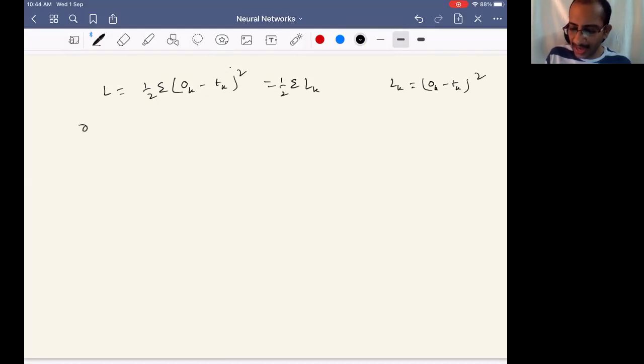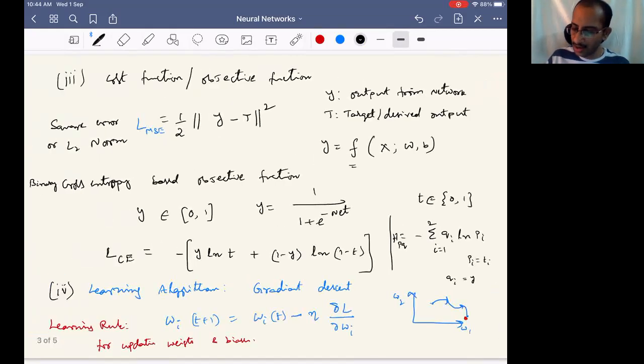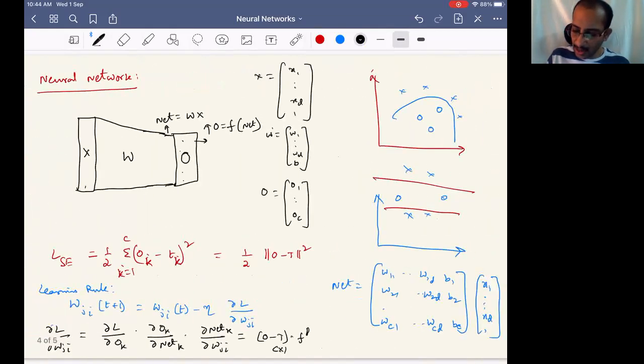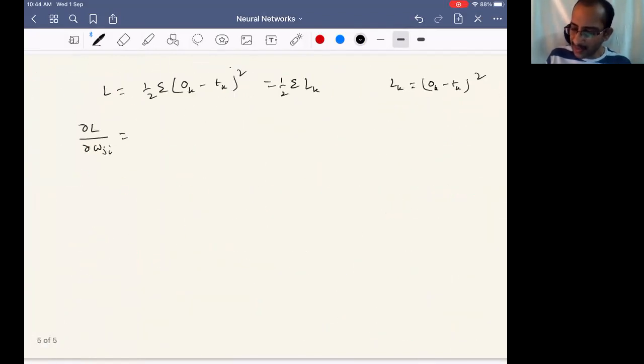Wji is the weight connecting the ith input to the jth output.